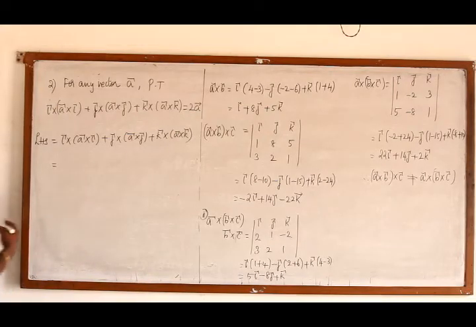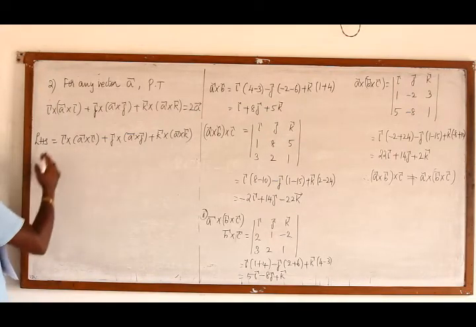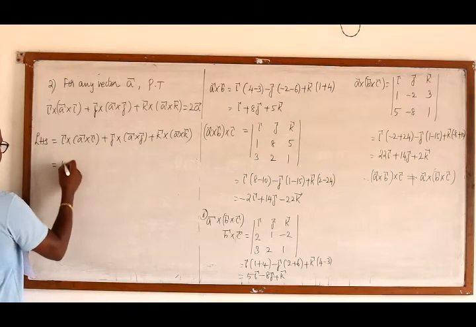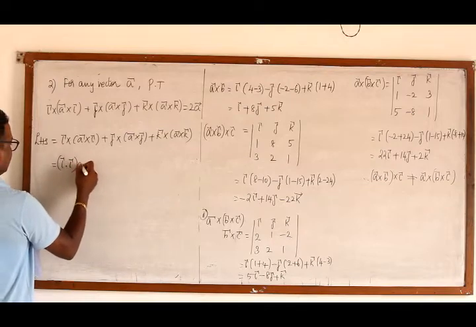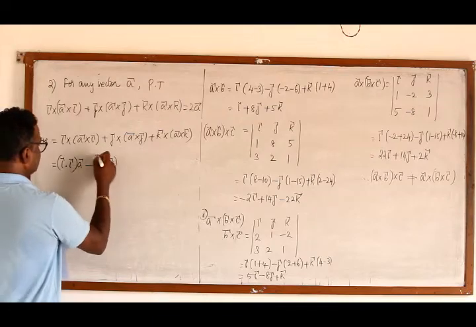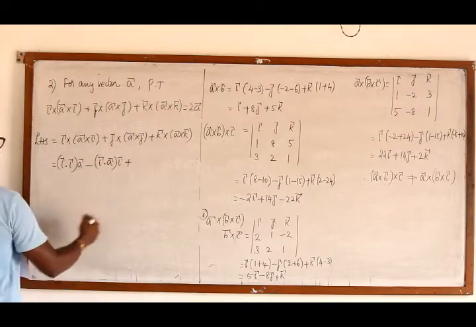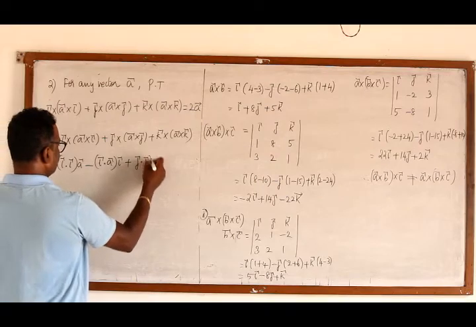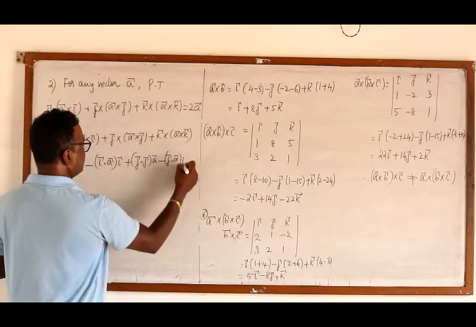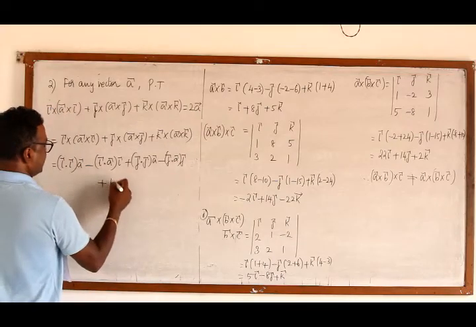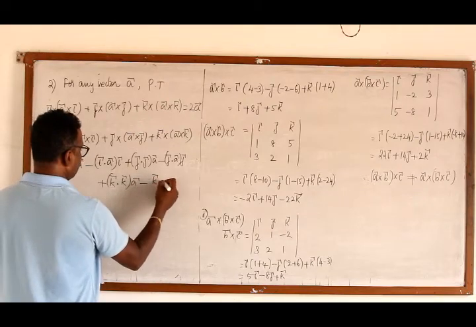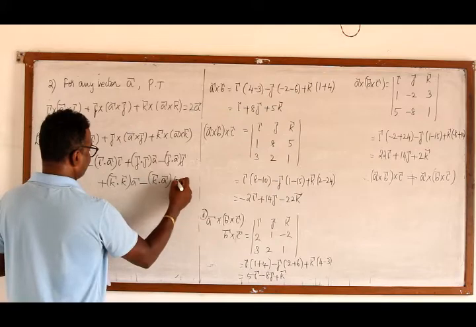This is the cross product of three vectors. I can apply the formula 1, 3, 2 minus 1, 2, 3. 1, 3, 2, that is (i dot i) into A, minus 1, 2, 3, (i dot A) into i. Similarly, for this, (j dot j) into A minus (j dot A) into j, plus (k dot k) into A minus (k dot A) into k.